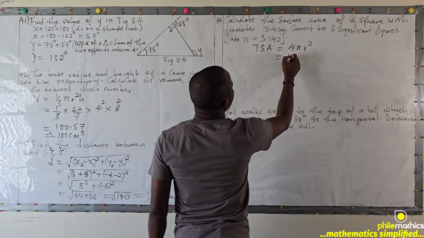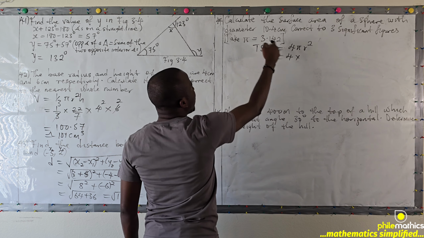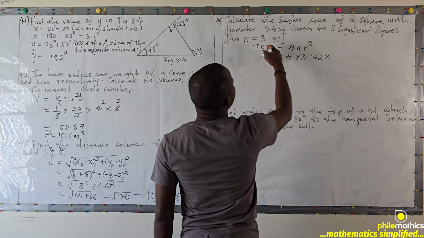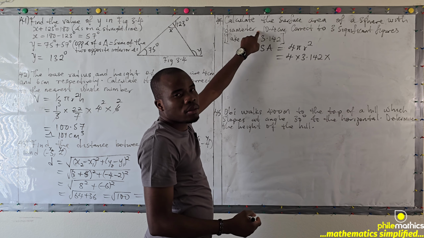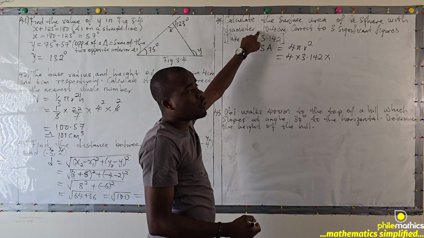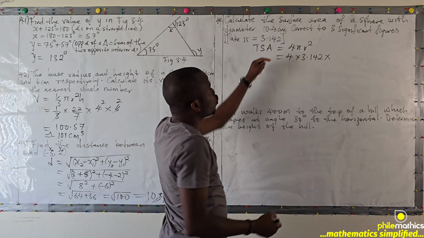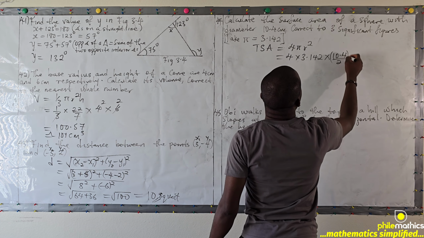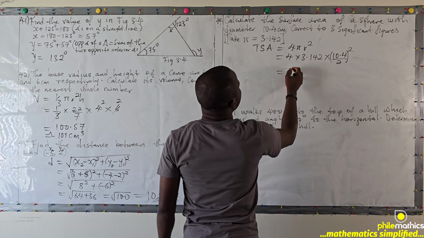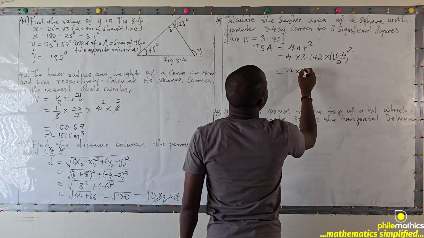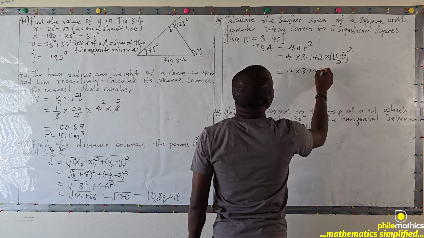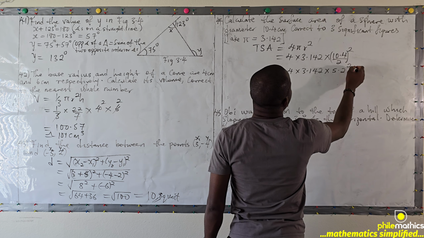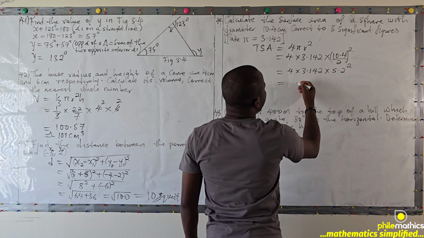So we substitute 4 times, remember to take pi to be 3.142, and radius, we are given diameter as 10.4, and we get radius by dividing it by 2. So this will be 10.4 over 2 all square. So this is 4 times 3.142 times 5.2 square.